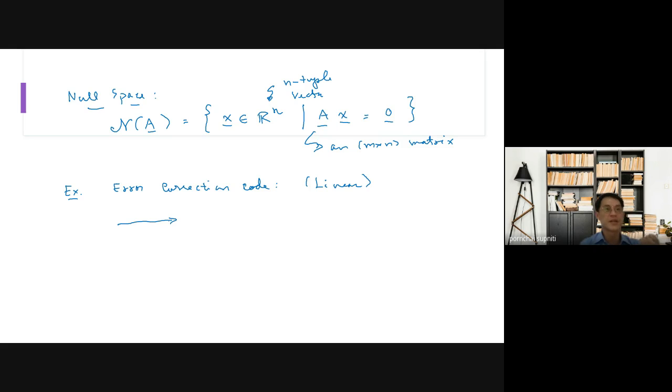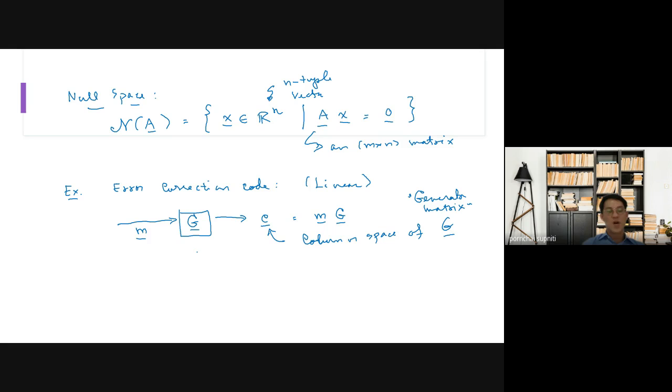Generally, in order to generate the codes, you multiply the message vector with the generator matrix, and you get the code, which is m multiplied with G. So we say the code is generated by the column space of G, and that's why G is often called the generator matrix.